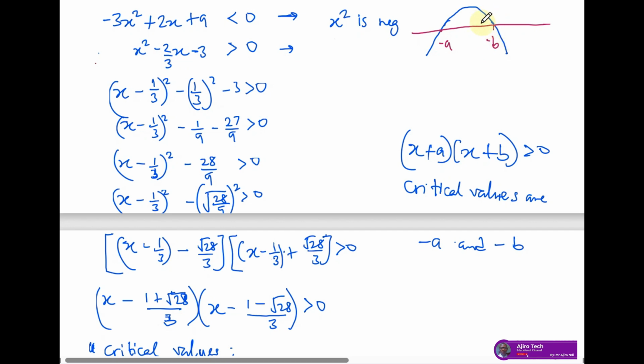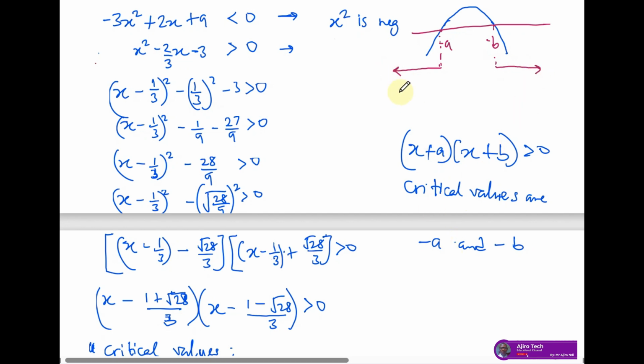Two critical values. So from this, we are looking for where the equation is less than 0. It's from this value here. So negative infinity, from this value here to positive infinity.